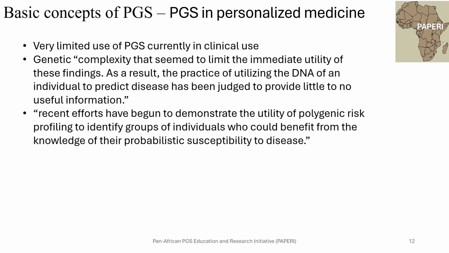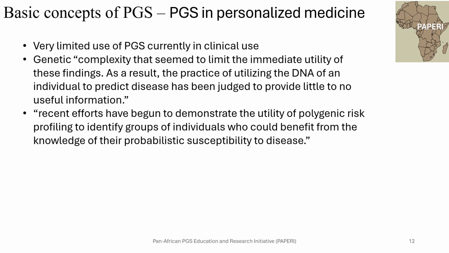But currently there's very limited use of polygenic risk scores in the clinical setting, and there was a lot of hype around polygenic risk scores going back, I don't know, 10 plus years maybe.